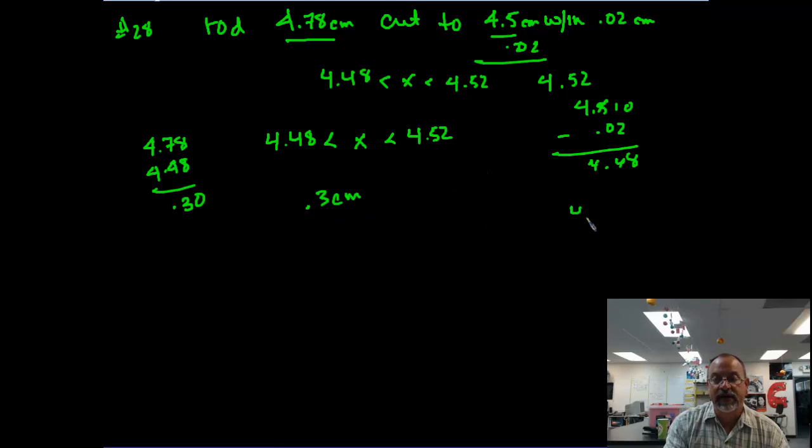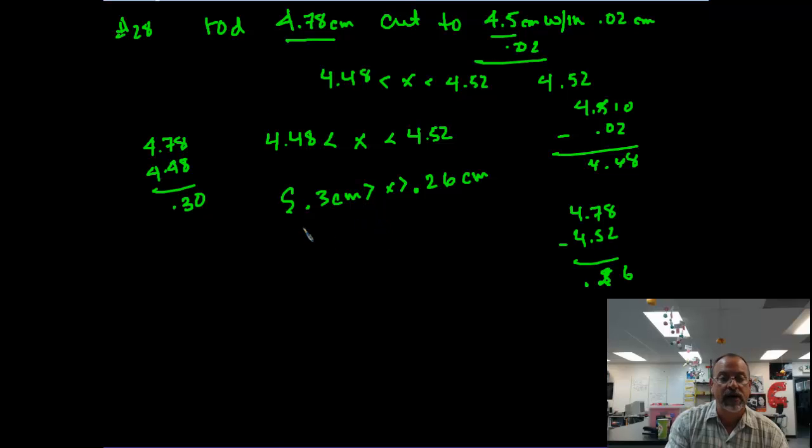Or if I've got 4.78 and I cut it down to 4.52, if I subtract those, that's 0.26. I could cut off as little as 0.26. So I'm going to cut off anything as long as it's more than 0.26 but less than 0.3, and I'm going to be okay. I'm going to be at 4.5 plus or minus 0.02.